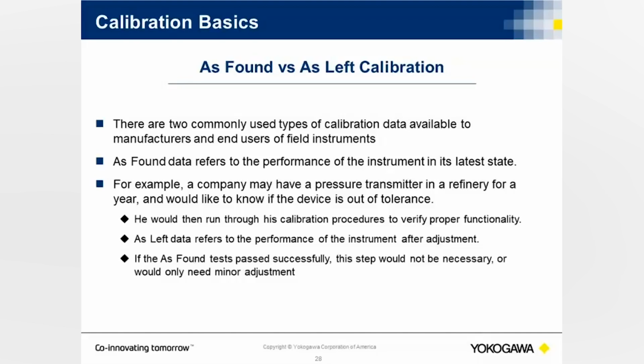Once this adjustment phase is finished, then the as left test is the next step. An as left test could be very similar to the as found test, or it could test other things, but as far as keeping the information standard, you generally want to run the same tests you ran in your as found tests.